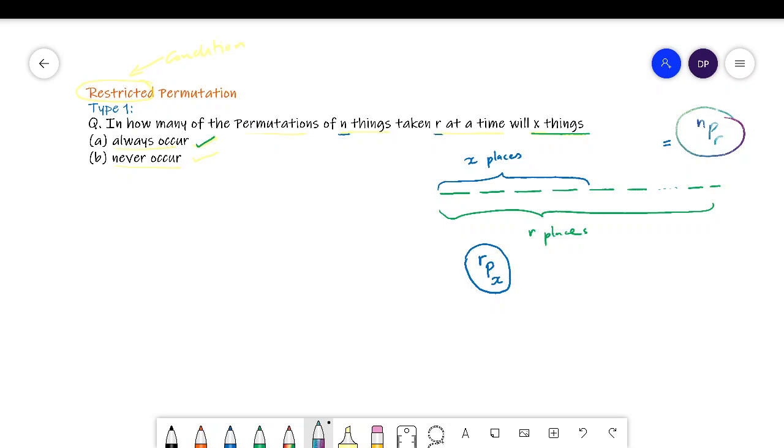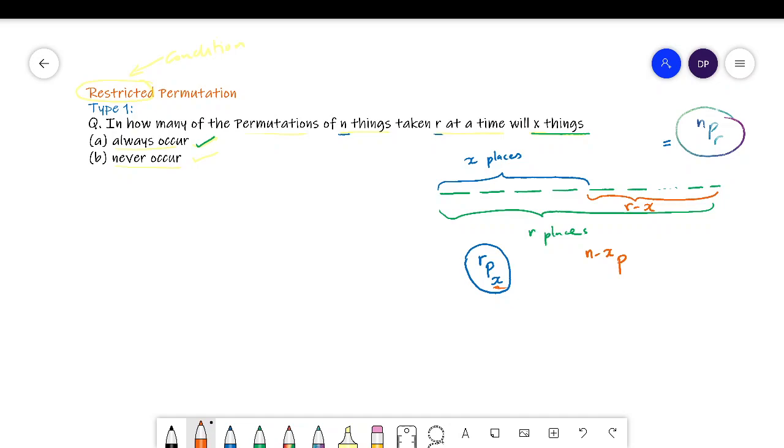So we have seen that these x places will be occupied in rPx ways. Now how many places are left? We are left with r minus x places, isn't it? And already we have taken x things, so in these r minus x places, only n minus x things will come.